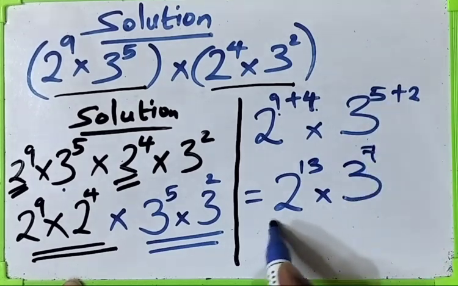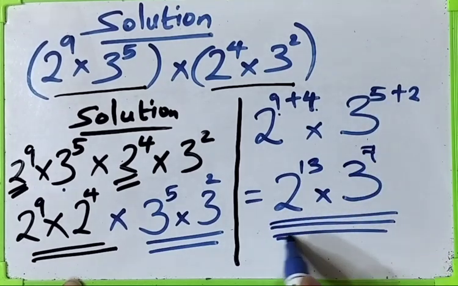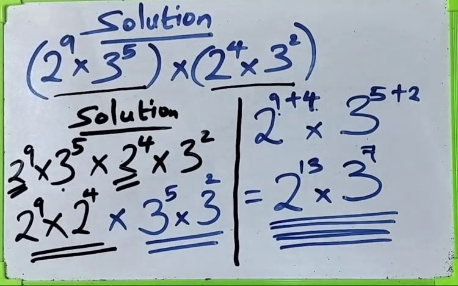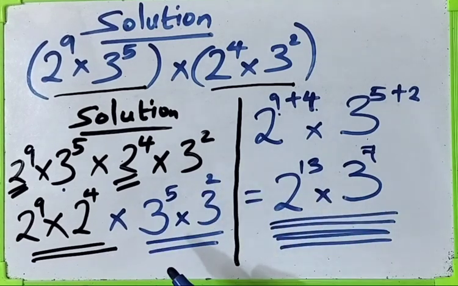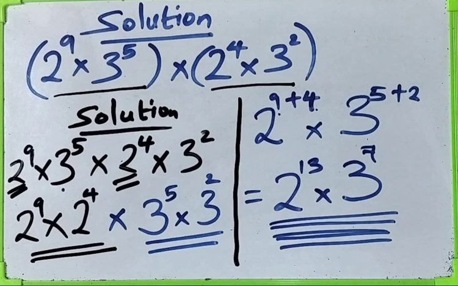So this is the simplified form of this problem. When the bases are common, we add the powers. That is the law we call the first law of simplification of exponents. Join me in the second law, which is coming shortly after this video.